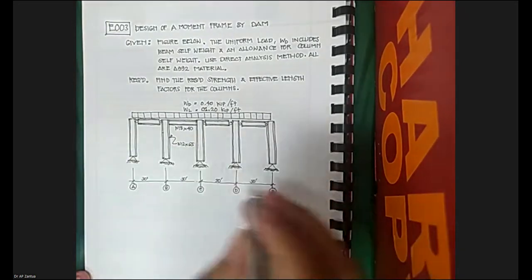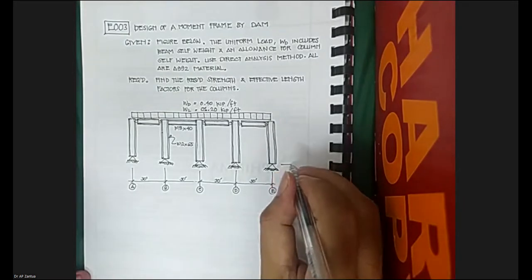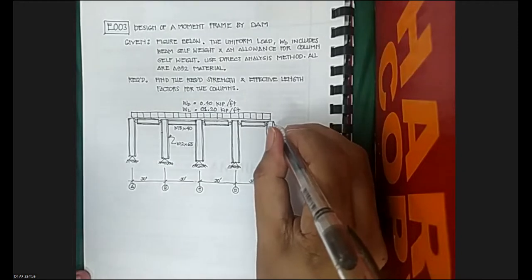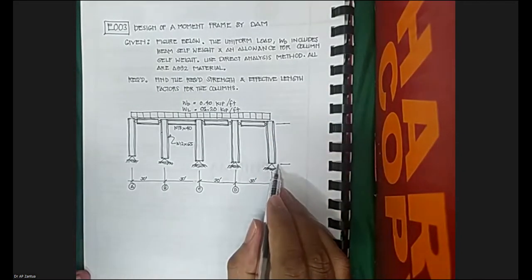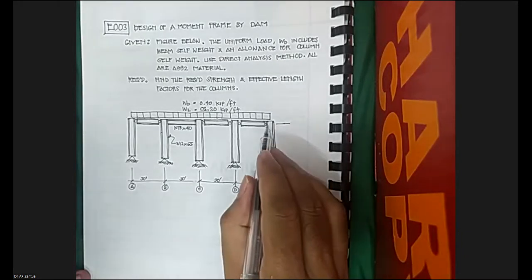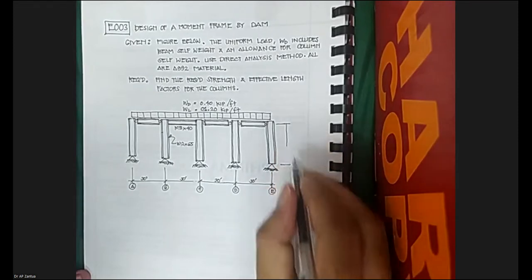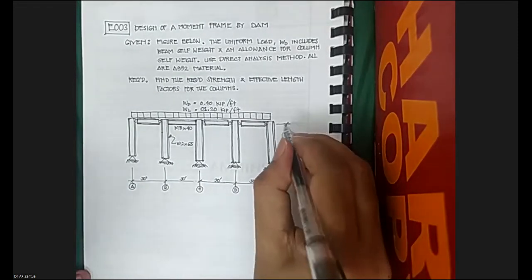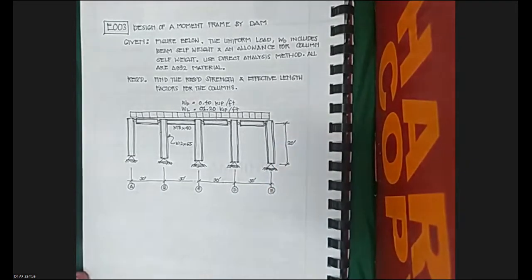And what about the height? The height is from this point up to this point. This is the lowest portion of the column and this is the center of the beam. This is our height, which is 20 feet.